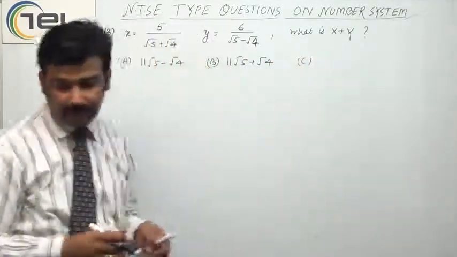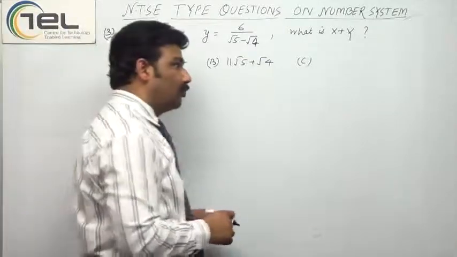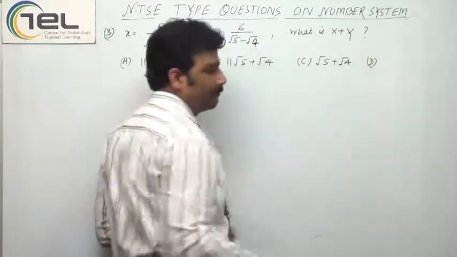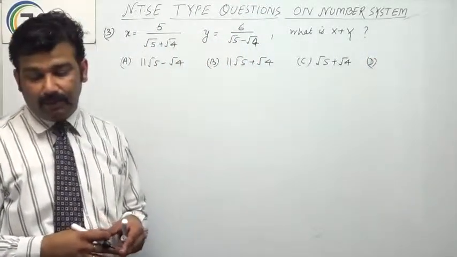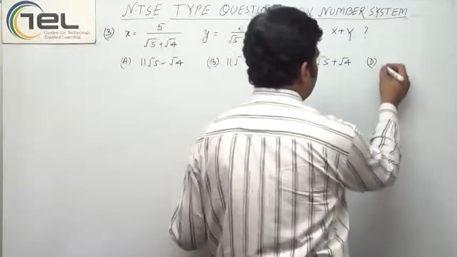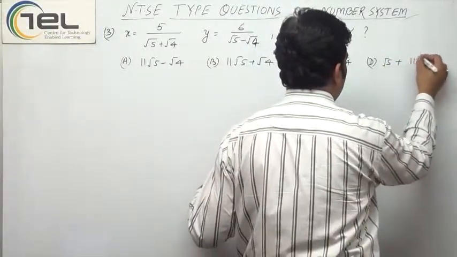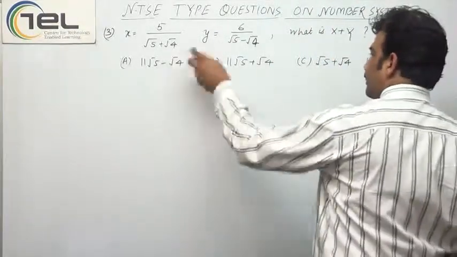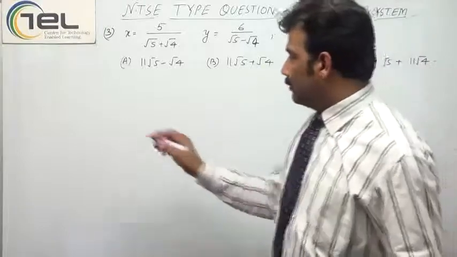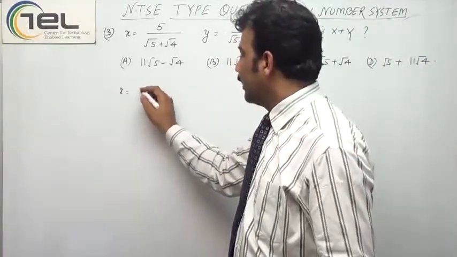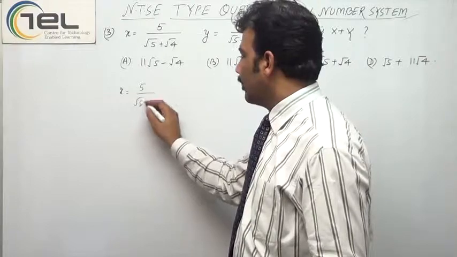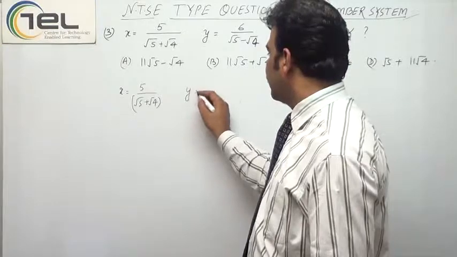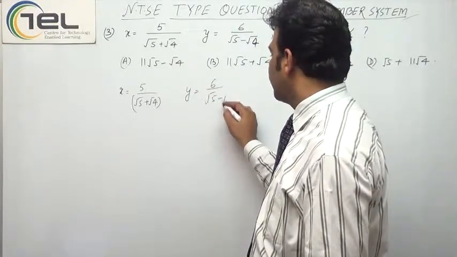C says it is root 5 plus root 4, and D says it is root 5 plus 11 root 4. So how to solve? Again, first of all, let's rationalize them. So what is x? X is 5 upon root 5 plus root 4, okay, and y is 6 upon root 5 minus root 4.